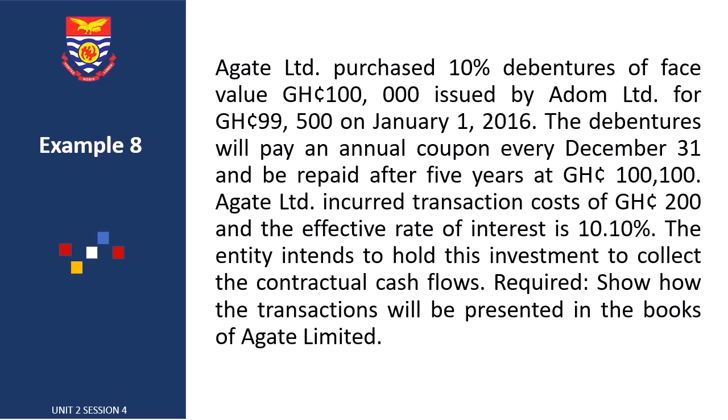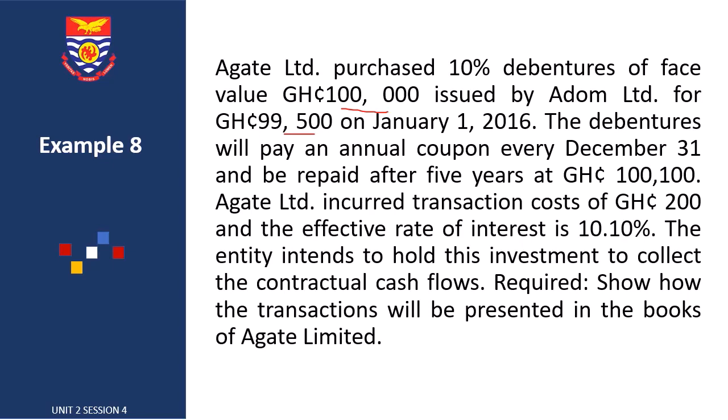However, you bought it, or Adum gave it to you, at 99,500. So there is a discount element here. The face value is 100,000, but you are paying 99,500. So it's the 99,500 you have to make use of. We have the difference of 500 being the discount.